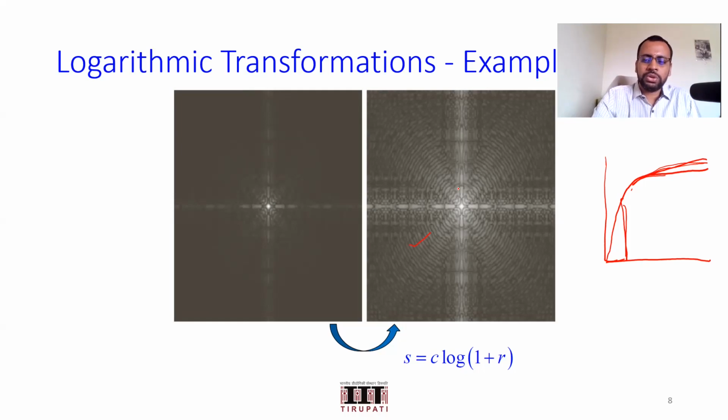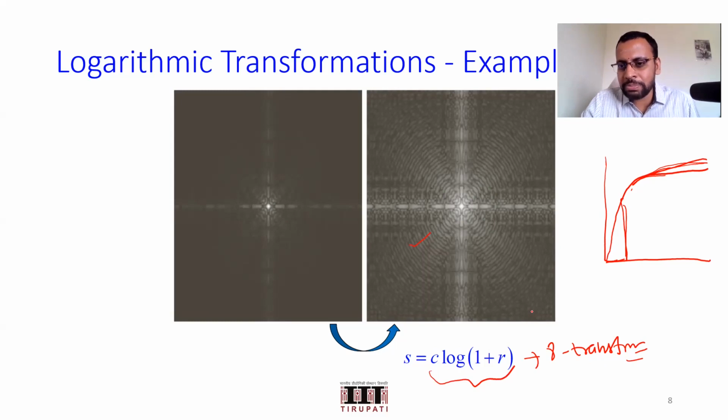Of course, now you could think of other things also. The gamma transformation with gamma less than 1 also you could use. But in many cases, when this is sufficient for you to visualize things, then you would go for a logarithmic transform on top of your DFT results while showing the magnitude spectrum.